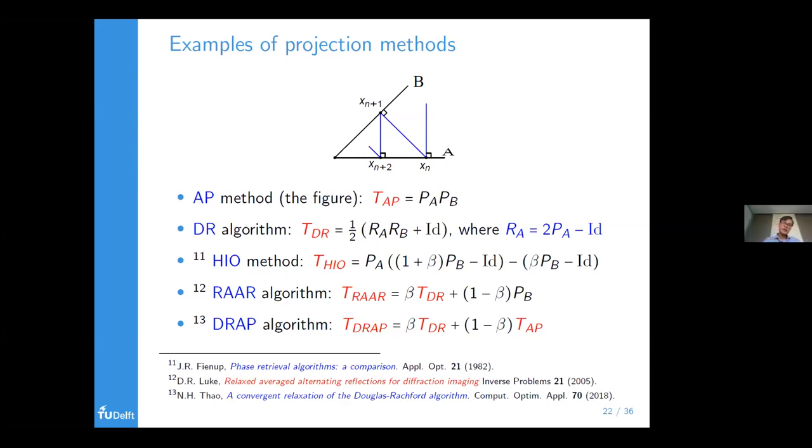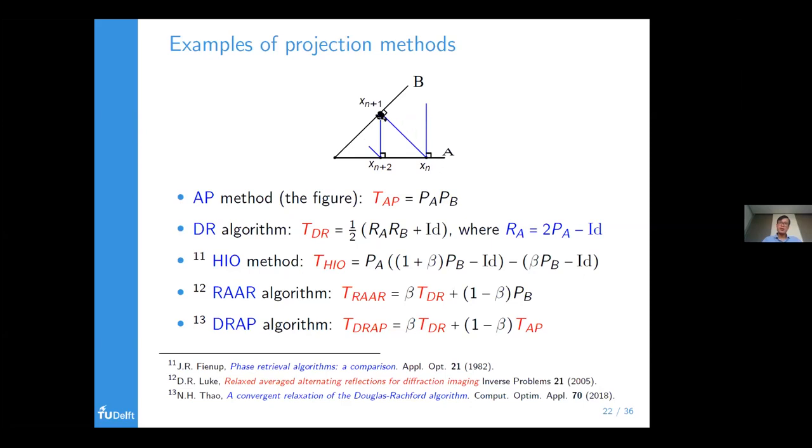Here we recall some projection methods, such as alternating projection. For two sets A and B, we project on one set, then project on the other set, and keep going.